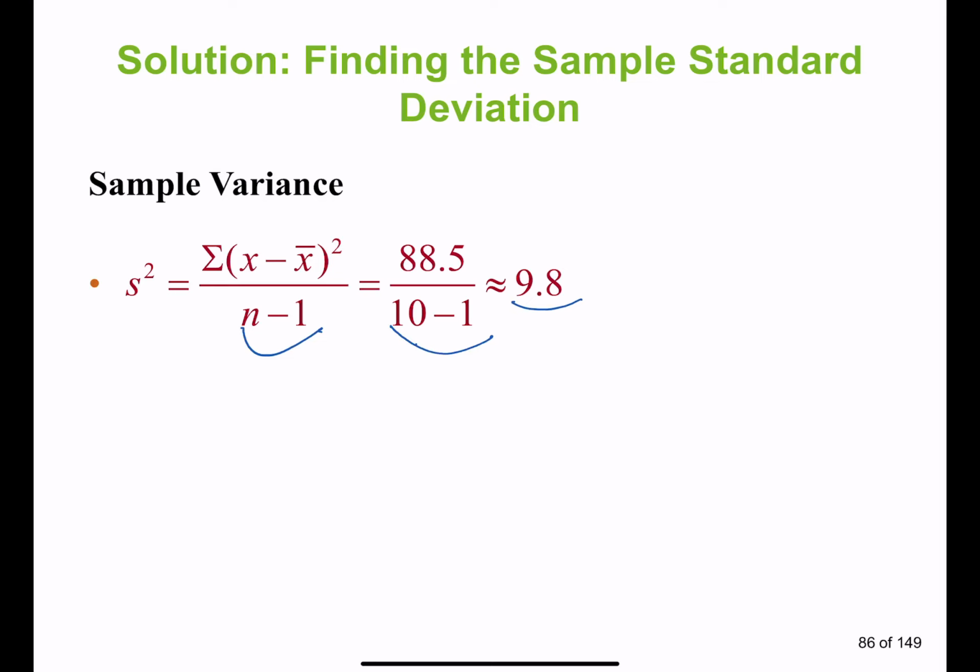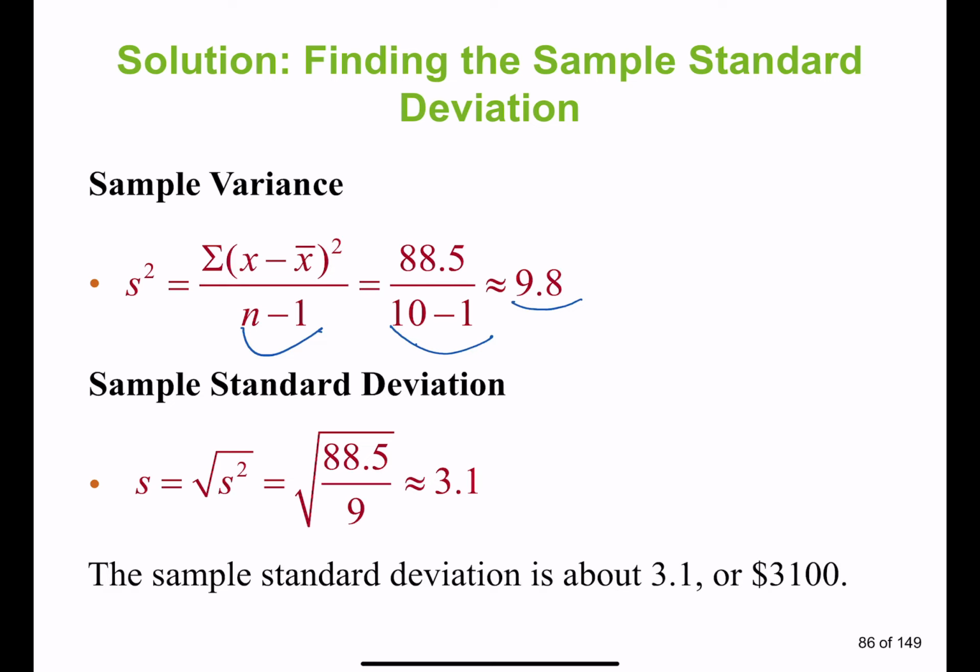So this is the standard deviation and variance for the sample. Sample variance is 9.8 and sample standard deviation is 3.1, the square root of the variance.